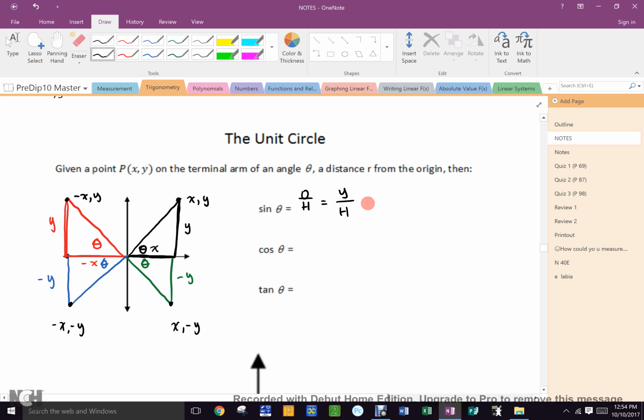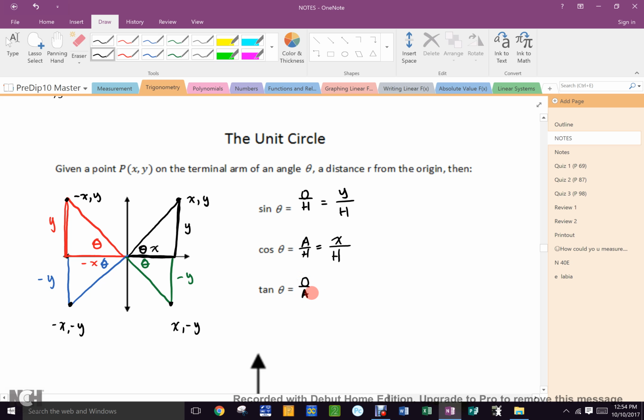Excellent. What is cos of black theta? A over H, which is what? X over what? Hypotenuse. Everyone agree? What is tan of black theta?